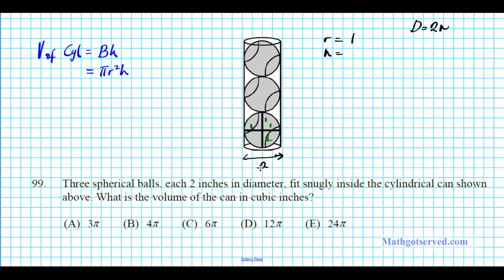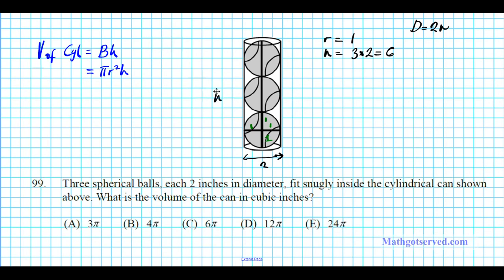Our height, if we orient the diameters in a vertical fashion from bottom to top, we're going to have 3 diameters there. Since each one is 2 inches long, then 3 diameters is going to be 3 times 2. 3 times 2 is 6. So that's going to be the height of our cylindrical can.